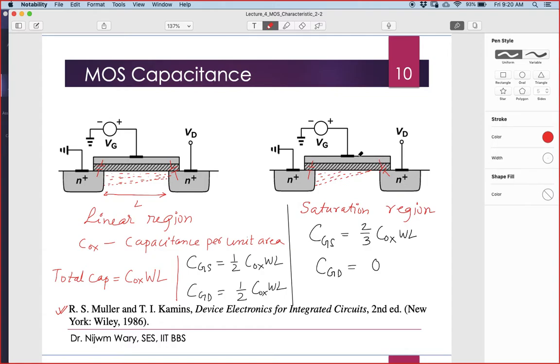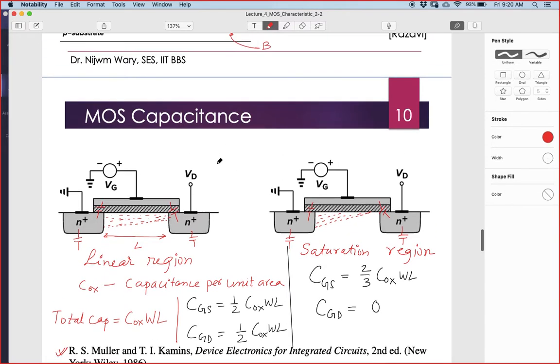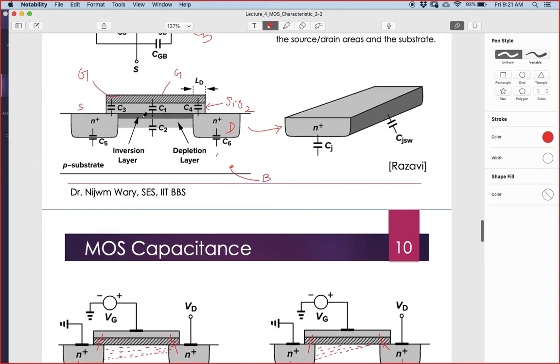Here I am just focusing on the capacitance formed by the gate and the drain. Definitely that capacitance is there, which I am going to come to a little later. So I am not covering it here. It's always there. What I'm currently focusing on is the capacitance C1.